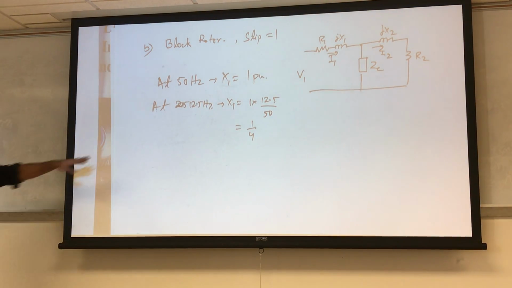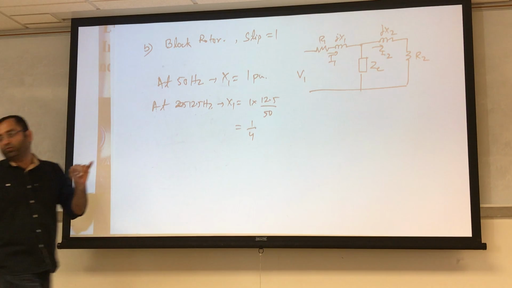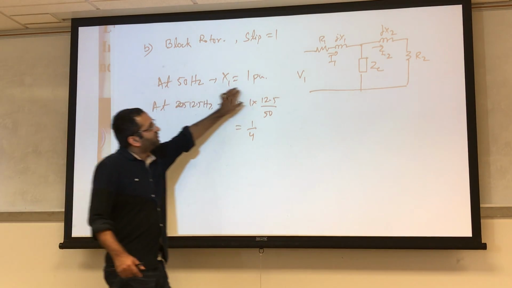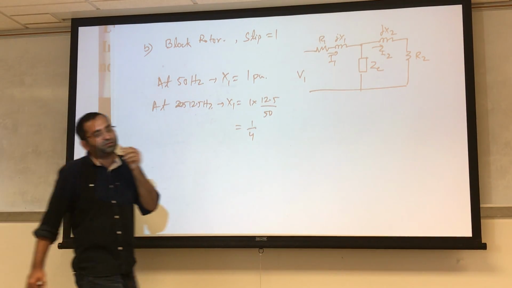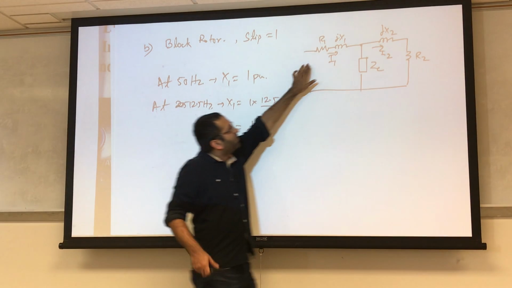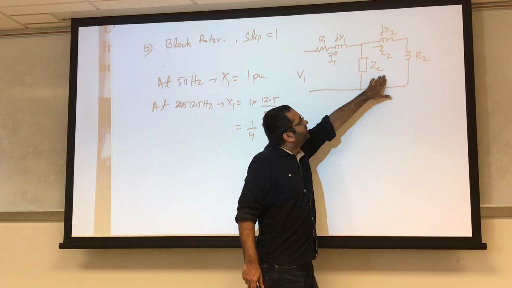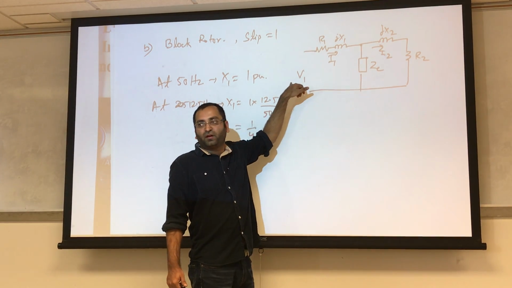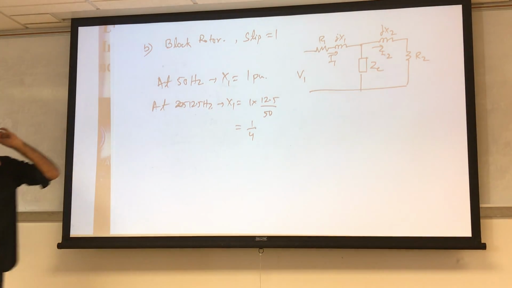Because there is a change in frequency, you have to change the x1. So don't forget that. Once you find all the impedances, it's asking you to find I1 and V1 for the block rotor test. You know R1, X1, and the ZC, X2 and R2, so you can easily find the I1 and the V1 for that.